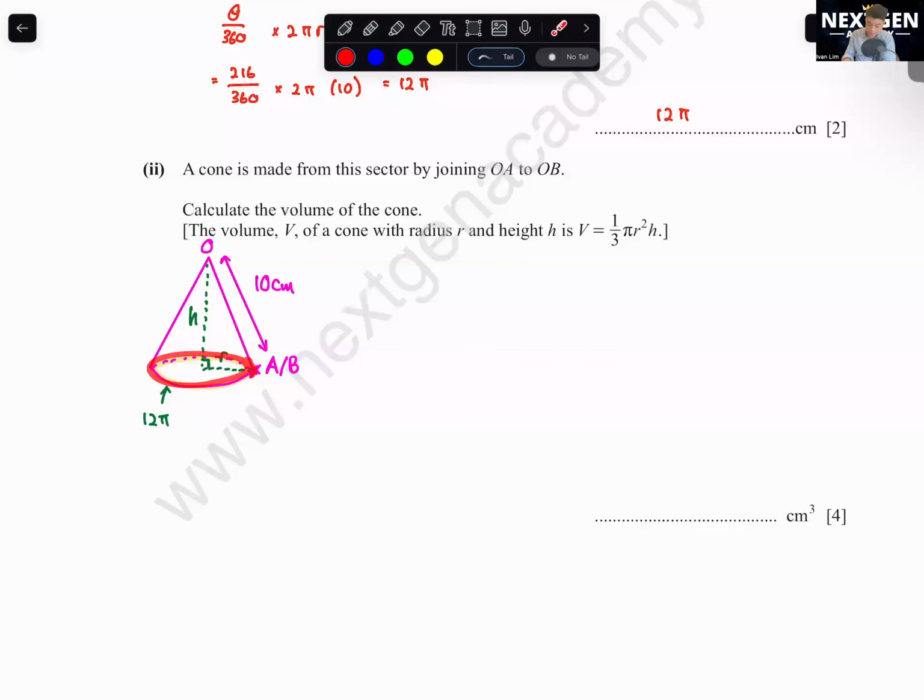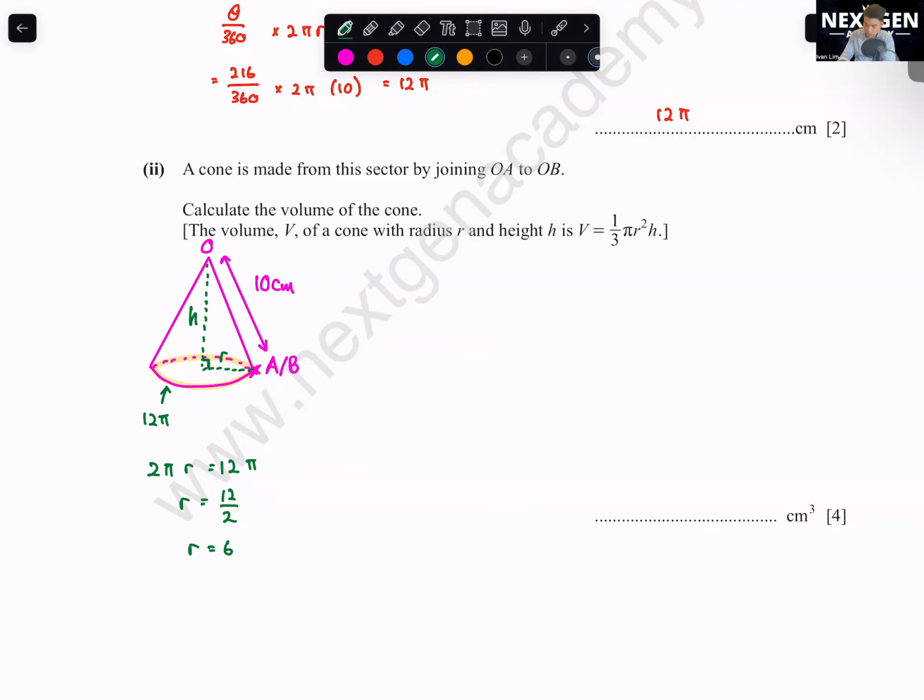R is a circle right now. Circle formula is 2 pi r. So we know that 2 pi r is equals to 12 pi because that is what we calculated just now. Okay, 2 pi r is equals to 12 pi. R is equals to 12 divided by 2. Therefore, R is equals to 6.